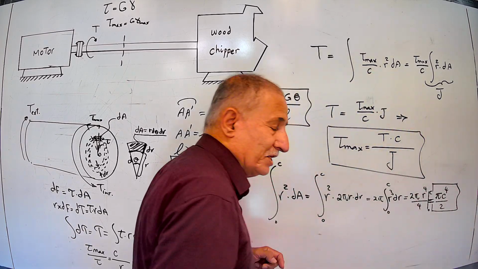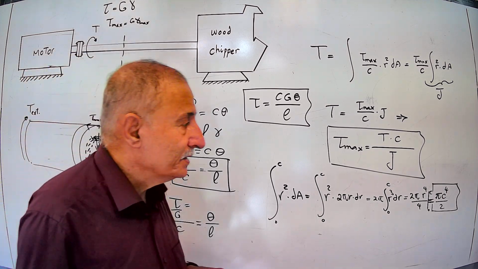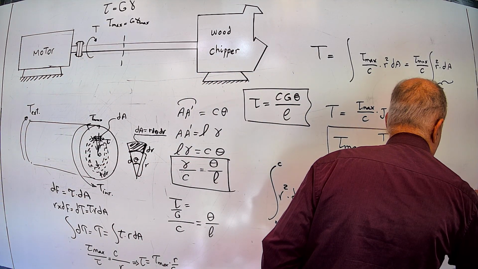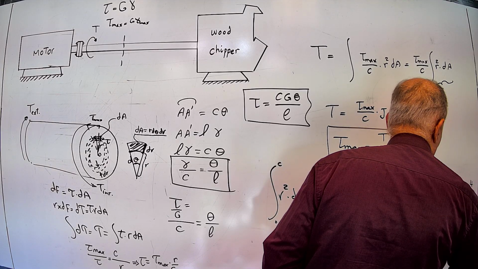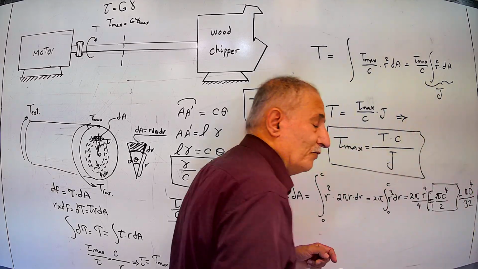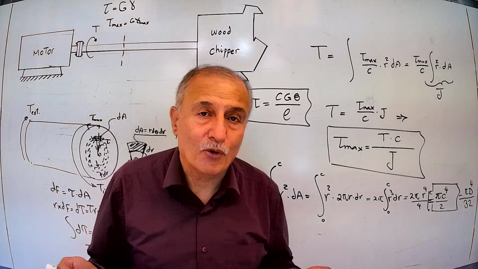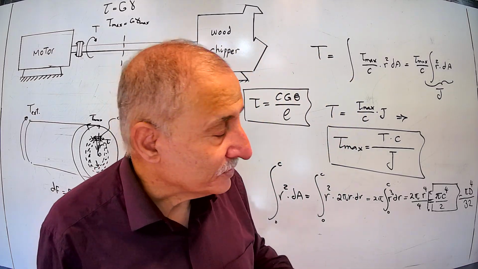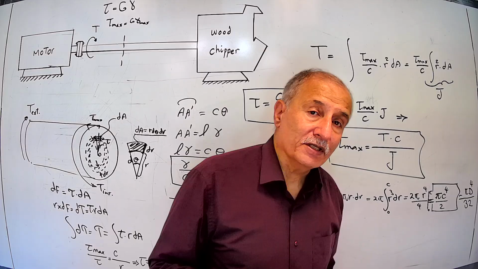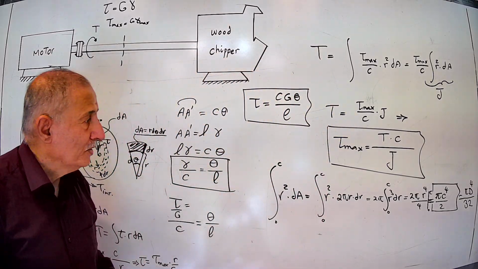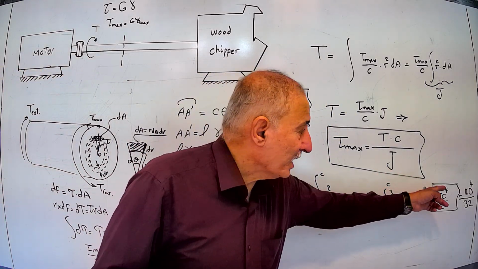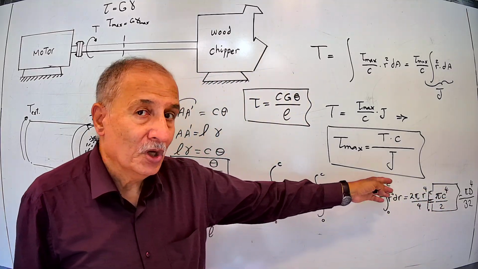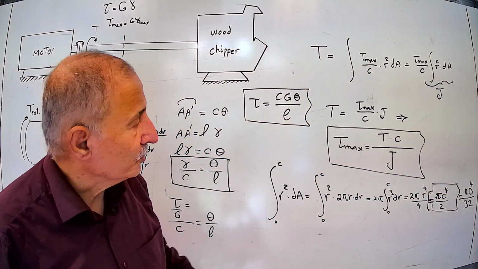If you write it in terms of diameter, it is equivalent to pi d to the fourth over 32, since C is d over 2, and d over 2 to the power 4 is d to the fourth over 16, and 16 times 2 is 32. Then this is the value of J for a circular cross section: pi d to the fourth over 32 or pi C to the fourth over 2.